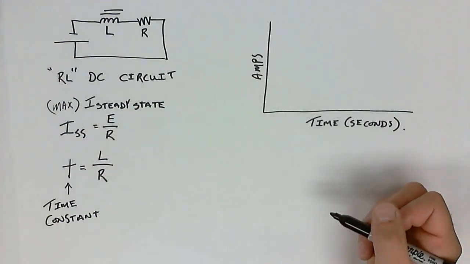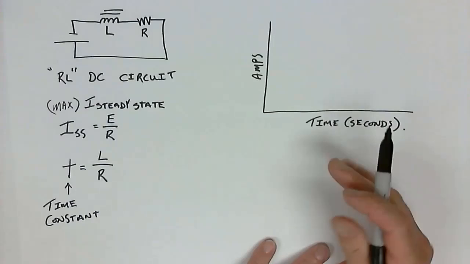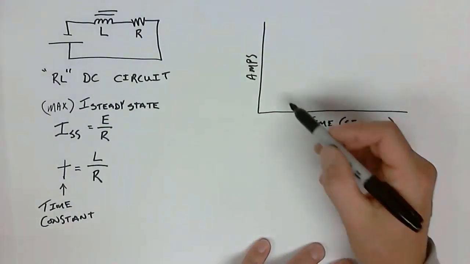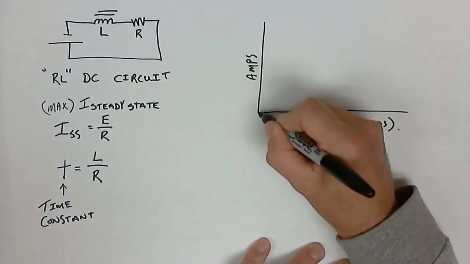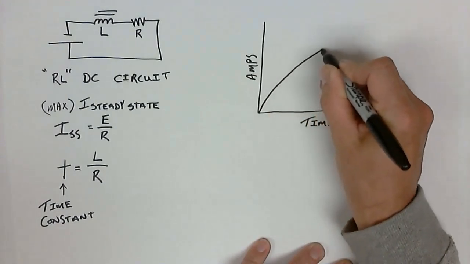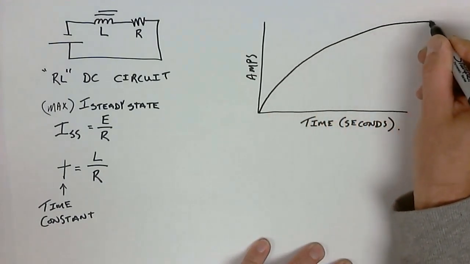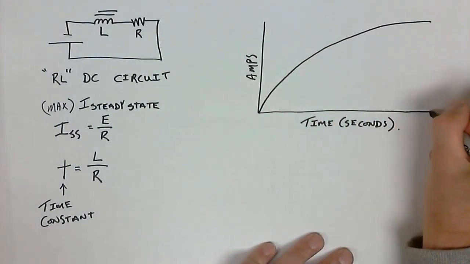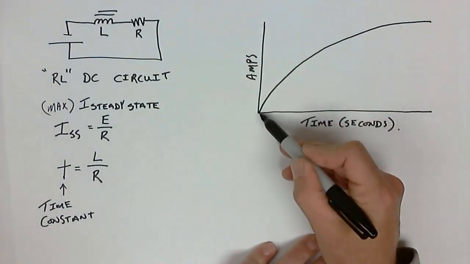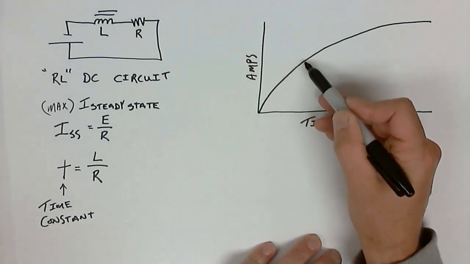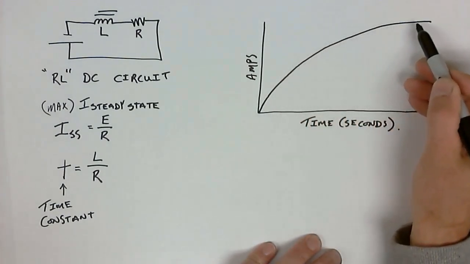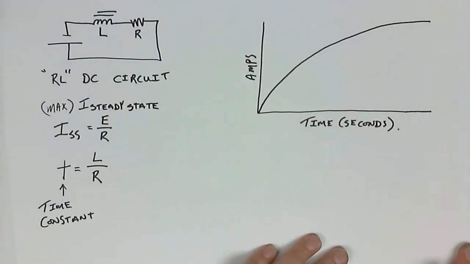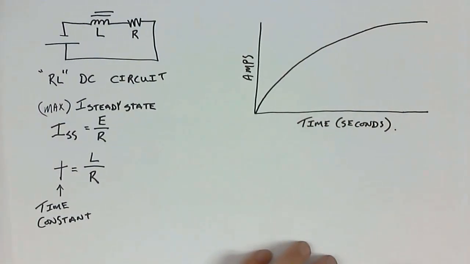Now, what on earth is a time constant? Well, when we deal with RL DC circuits, the current will gradually increase in a steady exponential curve. An exponential curve is one where it starts from zero and has a defined increase, 63.2% of change from one step to the next.